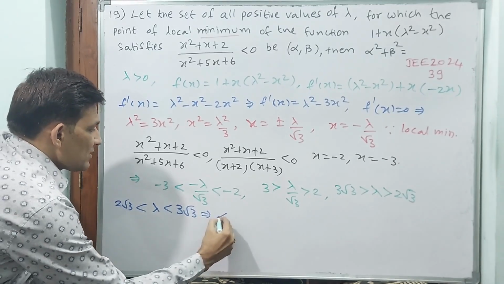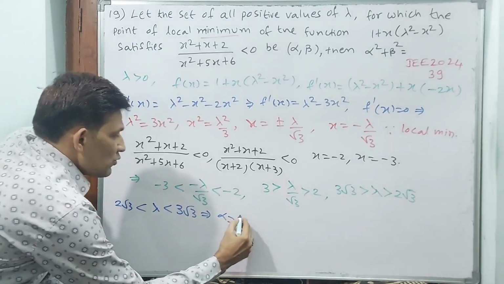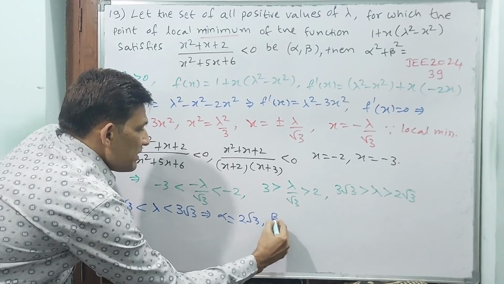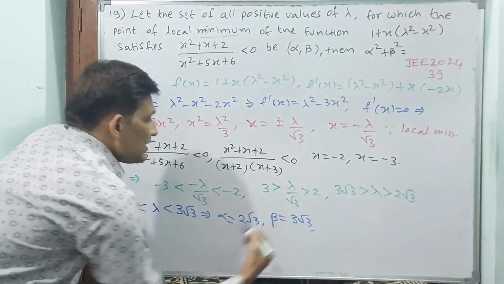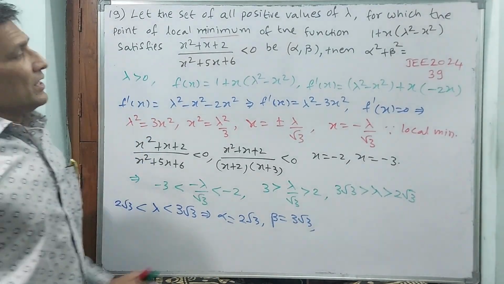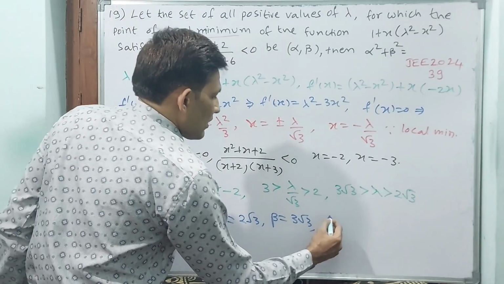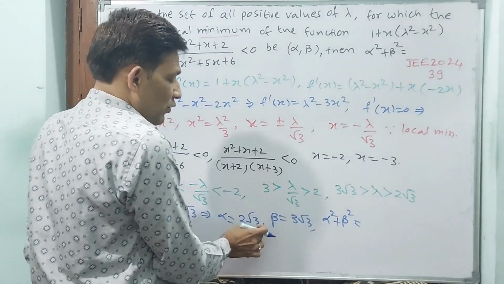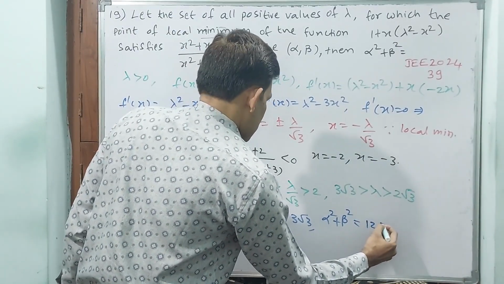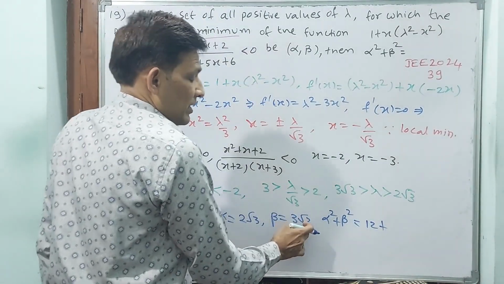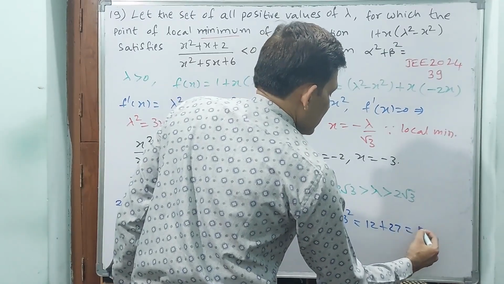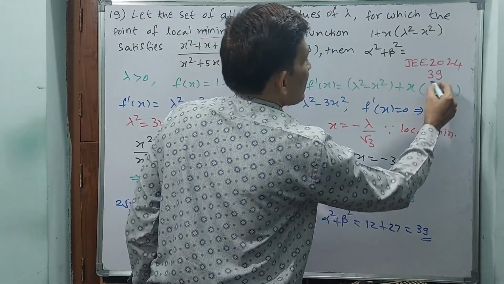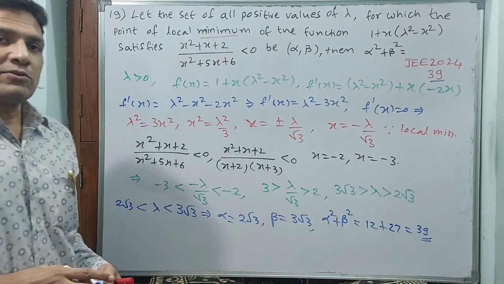That implies alpha is 2 root 3 and beta is 3 root 3. Now alpha square plus beta square is 4 into 3, 12, plus 9 into 3, 27, which is 39. Understand? Let us go for the next question.